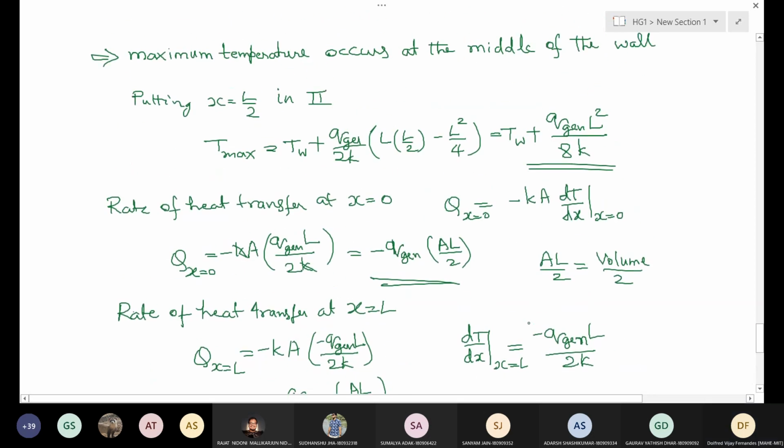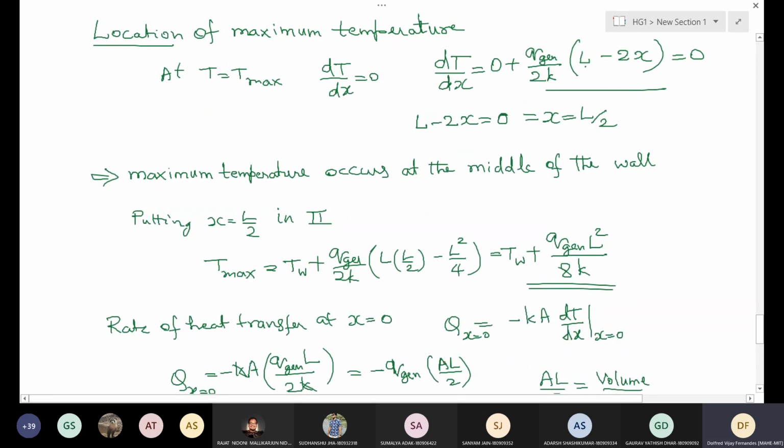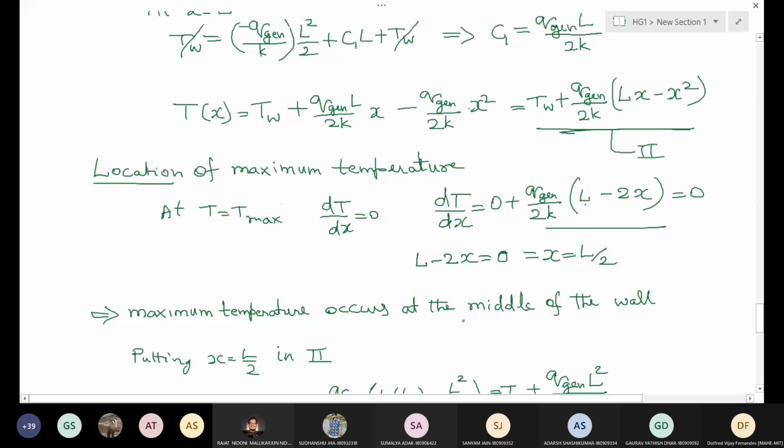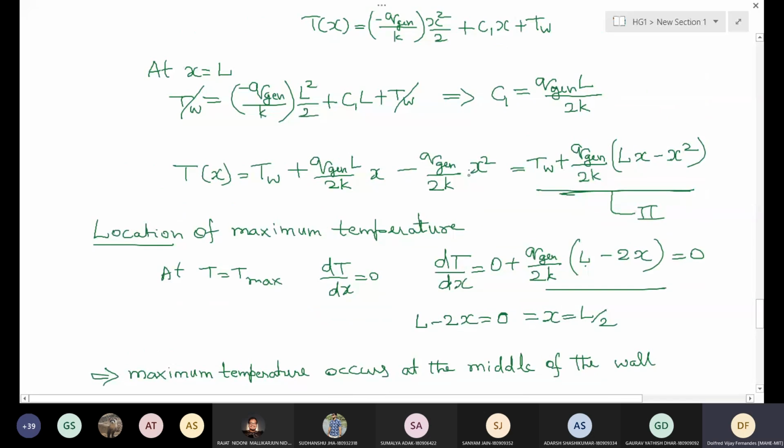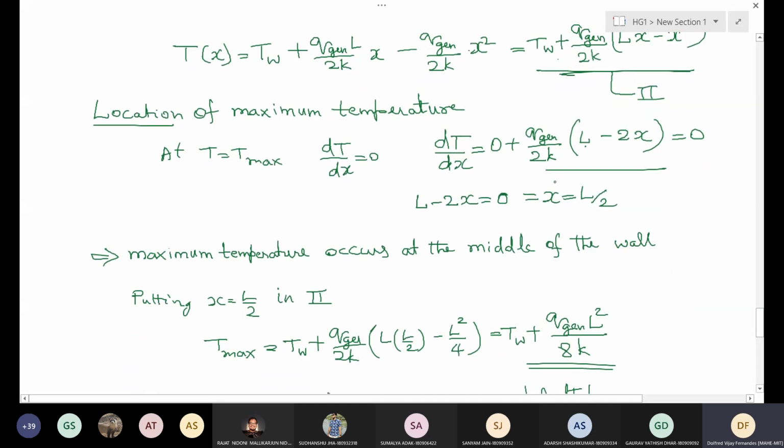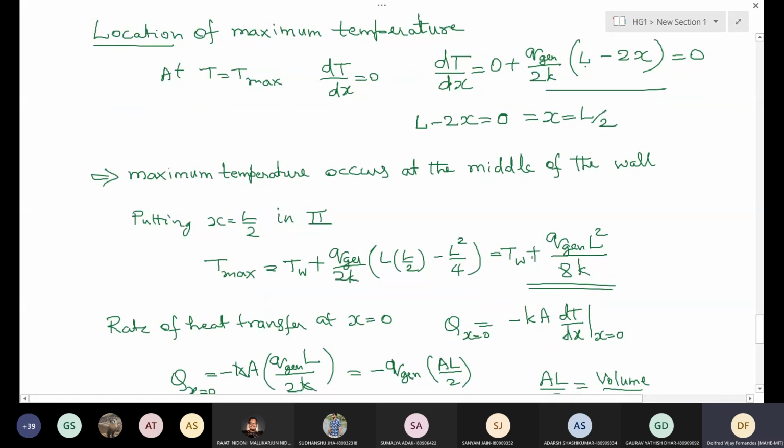Check it. What I'm doing is just writing in this equation 2, replacing this TW with TF plus Q generation L by 2H. The rest is same.